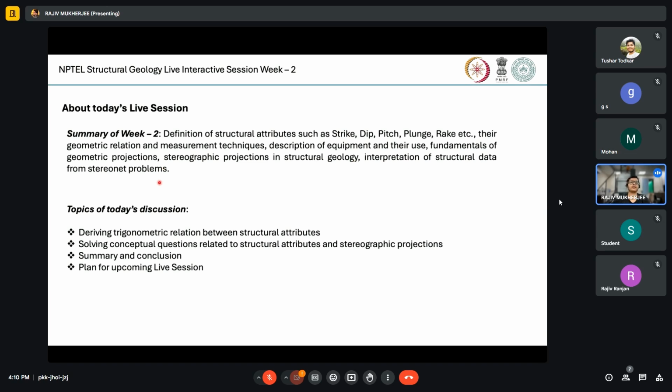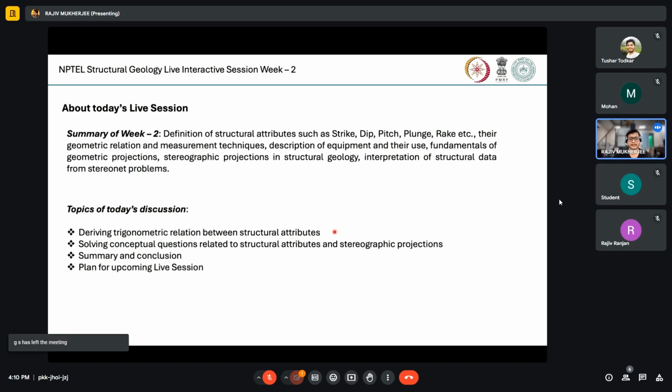This was the overall goal for week two's lectures. For today's topic, we will be deriving some trigonometric relations between the structural attributes. Then we will solve conceptual questions related to structural attributes and the stereographic projections. Finally, we will summarize and conclude today's discussion, and briefly plan the upcoming live session.